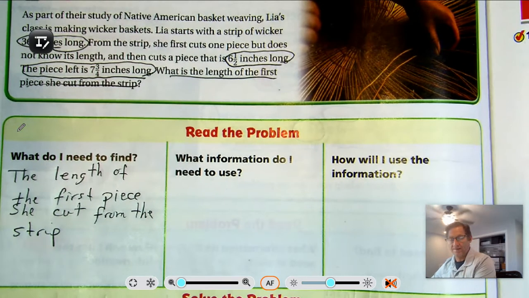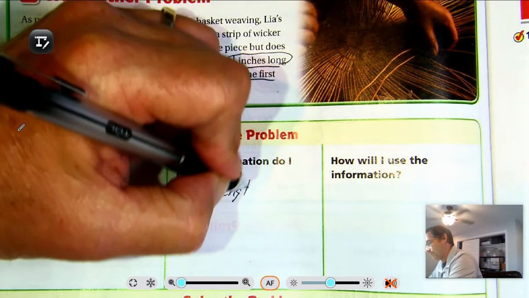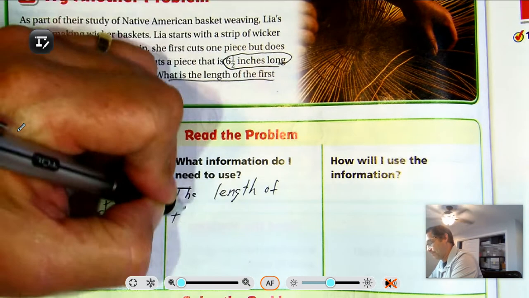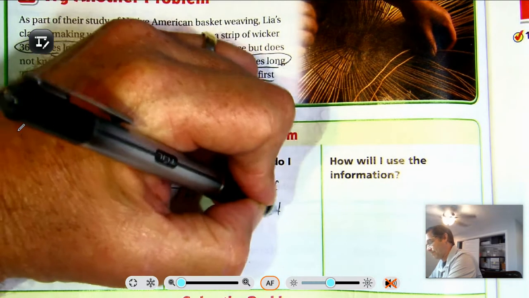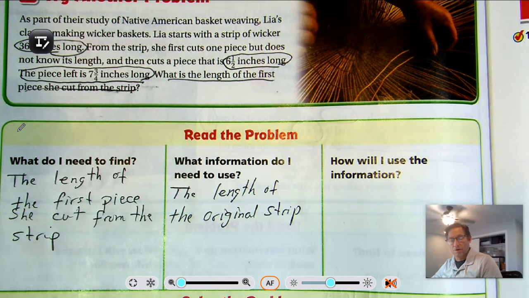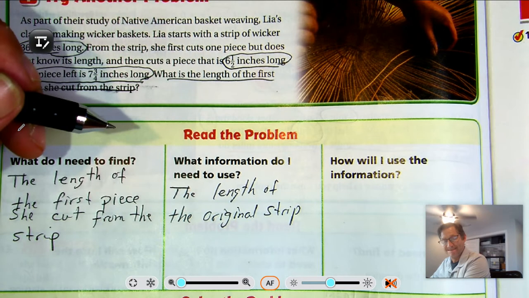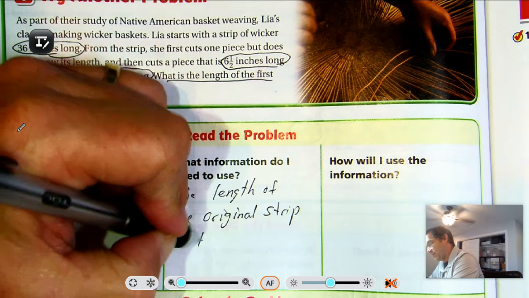Well, I need to know the length of the original strip, and the two lengths that are remaining.